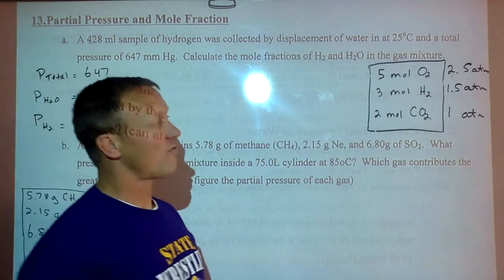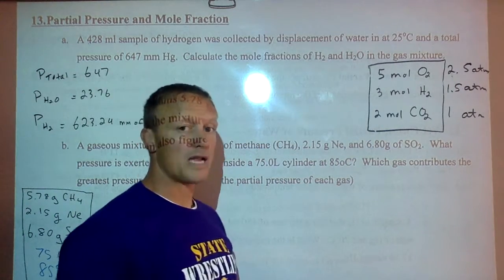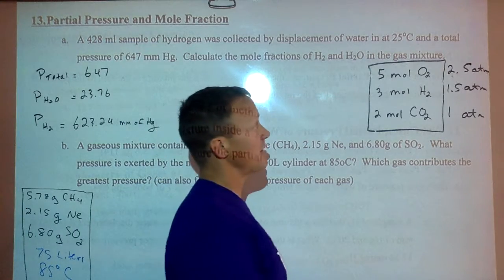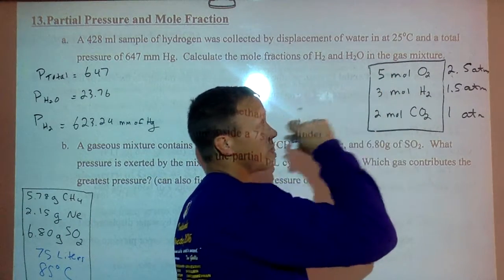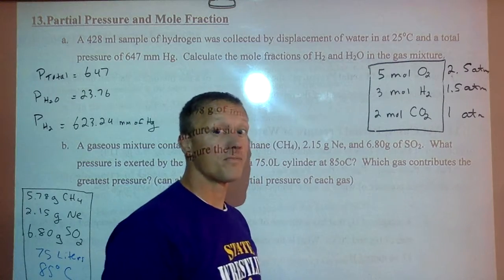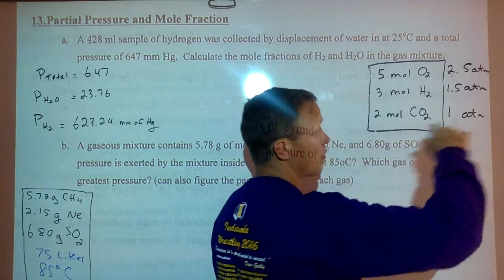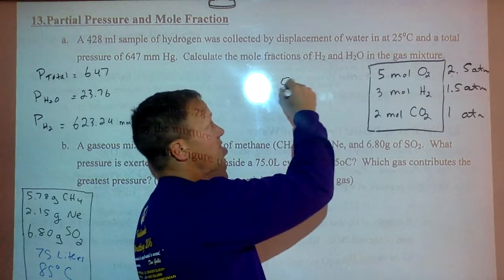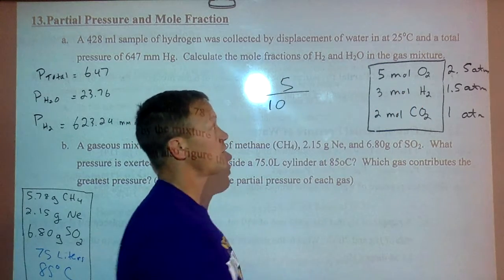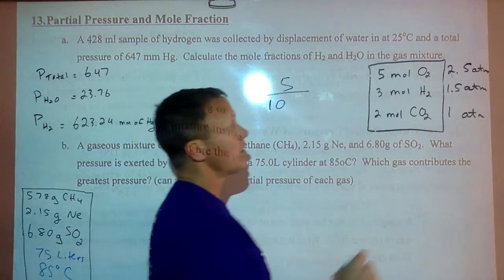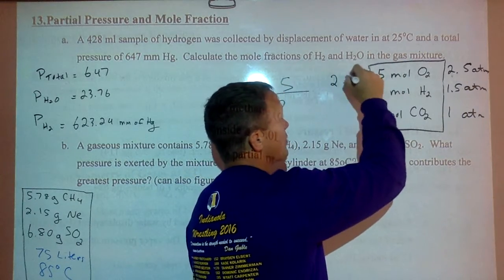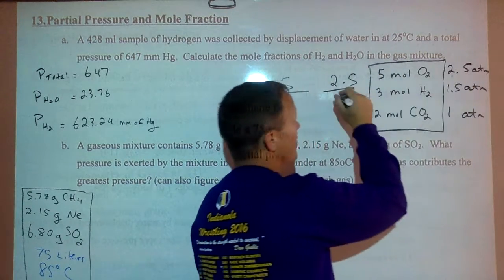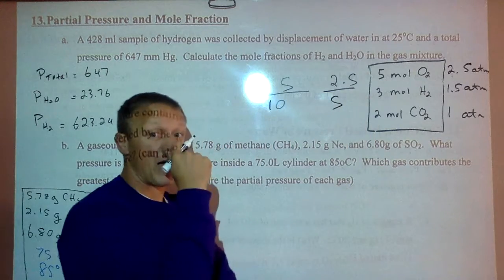Well, I can get mole fraction. So moles and atmospheres are kind of synonymous. I can get mole fraction by taking moles out of total moles, or I can do pressure out of total pressure. For example, oxygen was 5 moles out of 10 total moles, which is 0.5 for a mole fraction. Or I could do 2.5 atmospheres of pressure out of a total of 5 atmospheres of pressure, again, is 0.5.